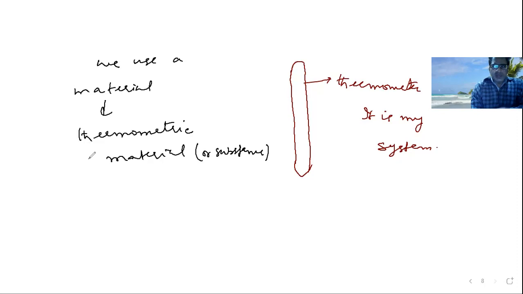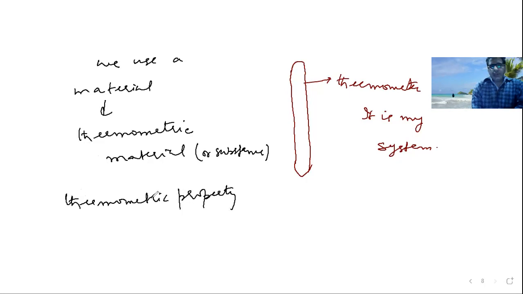That means it possesses a property which is called thermometric property, which changes if the temperature of the substance changes, right?